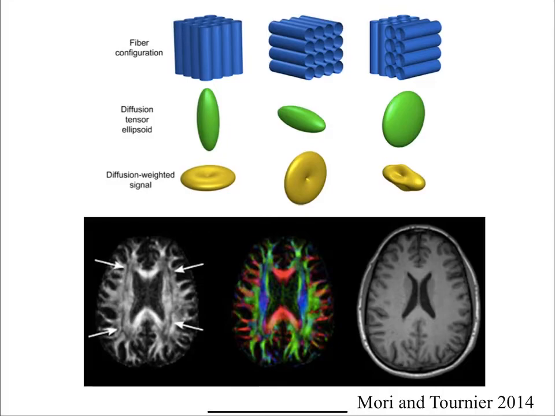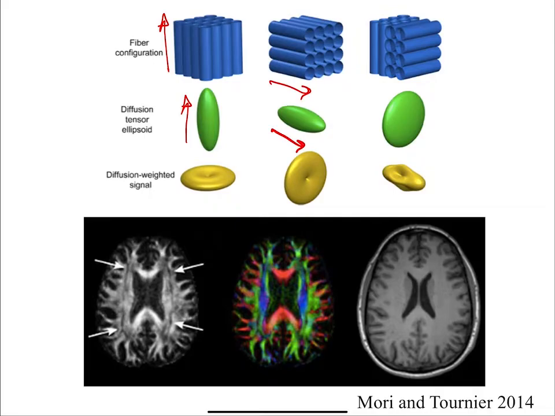Well, here we're showing just one fiber orientation, and for that, if you do DTI, then that's fine. You end up with a diffusion ellipsoid which points in the same direction as the fiber. Great. If you have all the fibers aligned this way, then DTI works really well too.